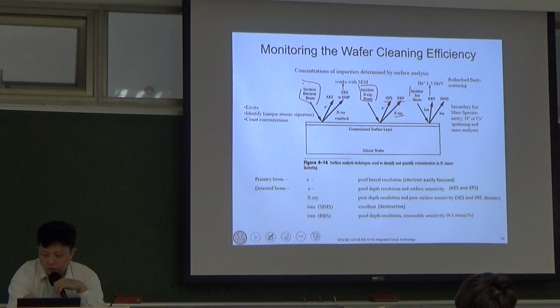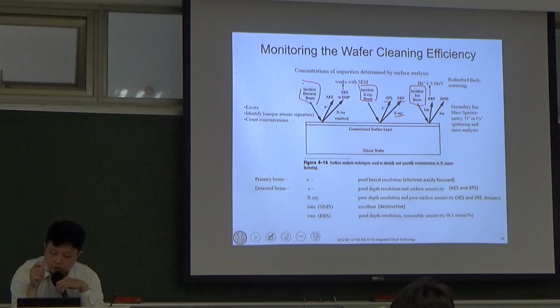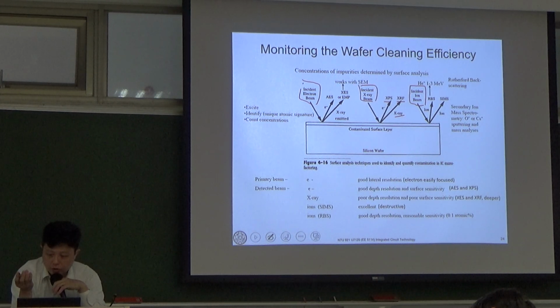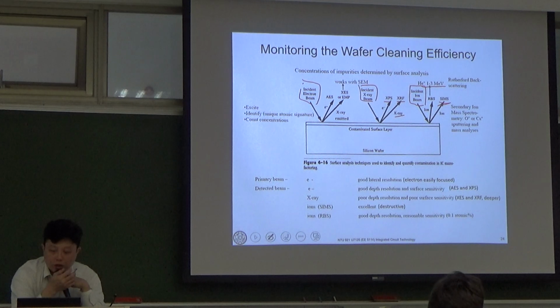And the third category is the incident ion beam. So we have ions to bombard your surface. Then either you have some residual backscattering, or you can create other ions.